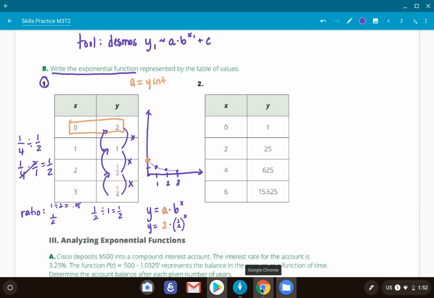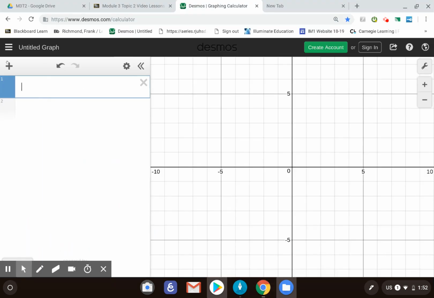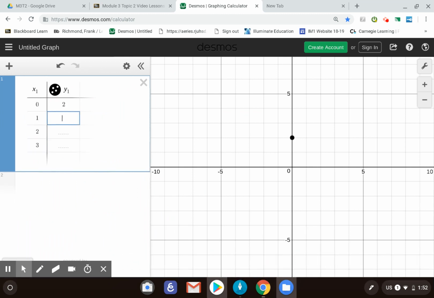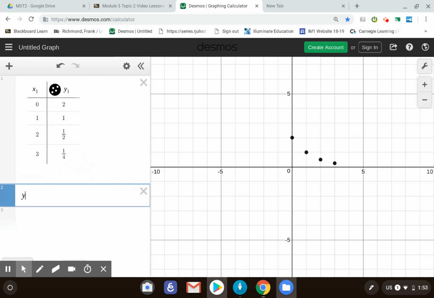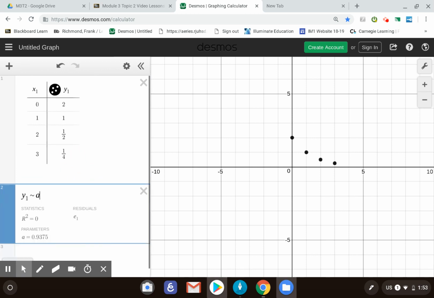So if we were to enter this table on Desmos, we get our graph, and then let's enter our exponential model.